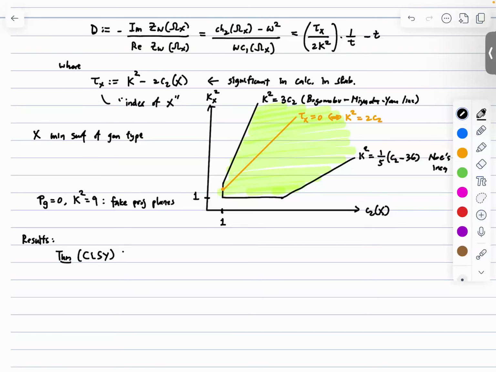And there are exactly 100 of these fake projective planes. A good reference is a paper by Sai-Kee Yeung and Lai Qingwei.